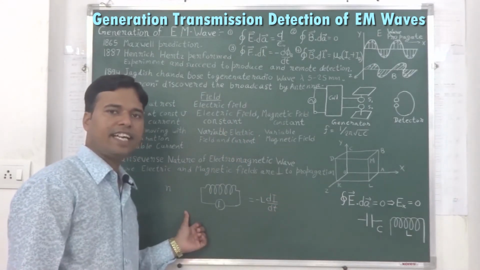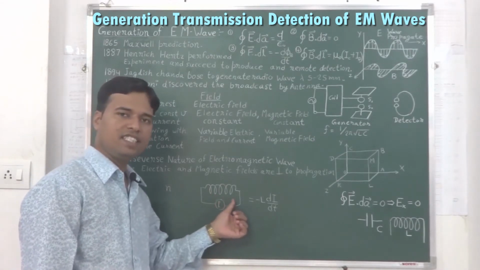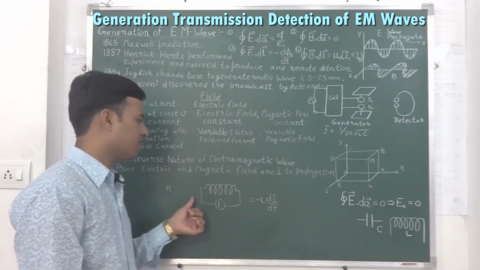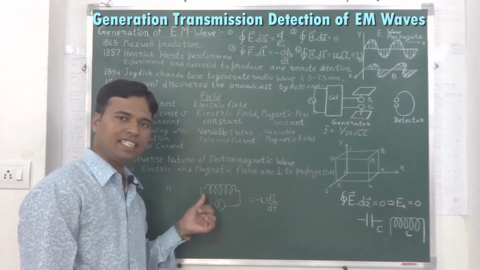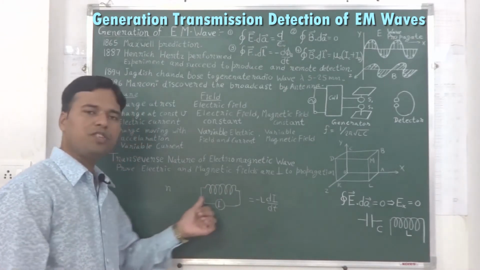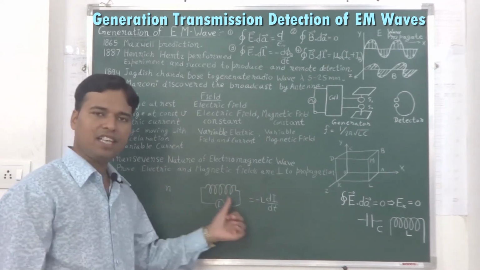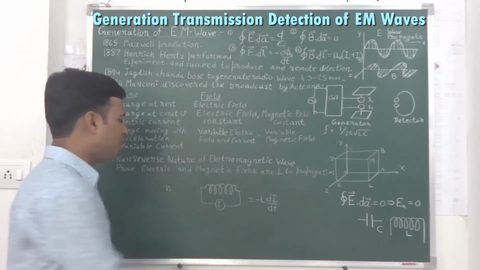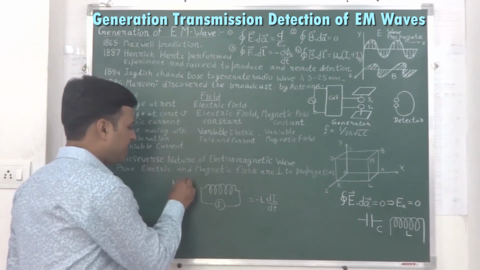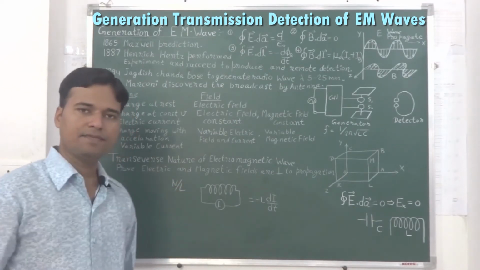The self-inductance of a coil depends upon the number of rounds in this induction coil. It also depends upon the length of the coil. It depends upon the number of rounds per unit length of this coil.